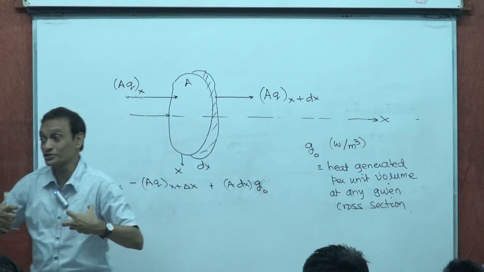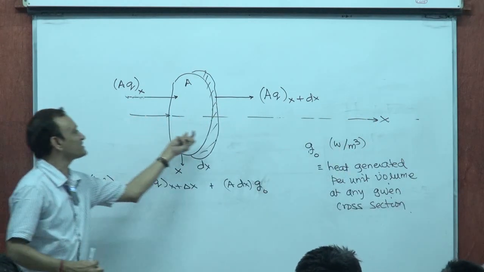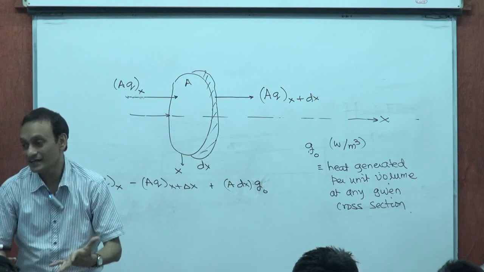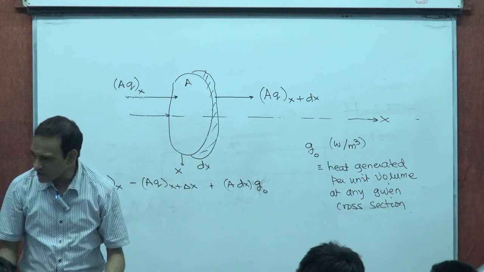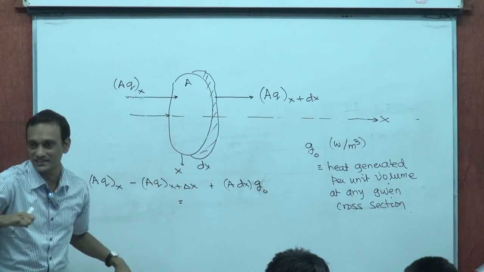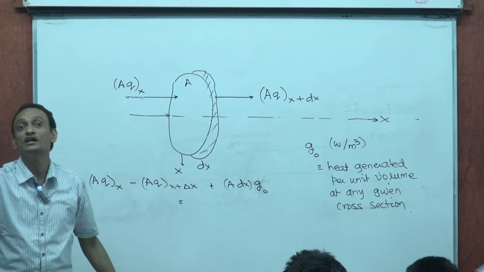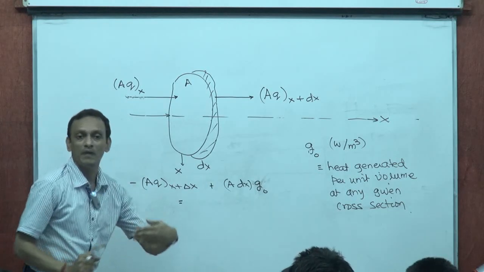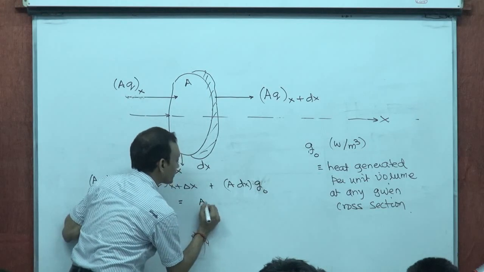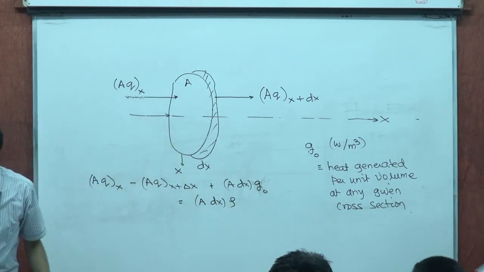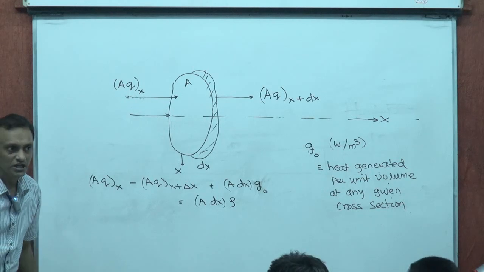Do you realize this is the net heat accumulating in this mass? Yes. This is the net heat accumulating in this mass. What does it do to this mass? It raises the temperature of this mass. So then, these many watts accumulating in the mass, these many joules accumulating every second in this thickness, that must be mass of this, which is A into dx into rho. Rho is the density of the material, right?